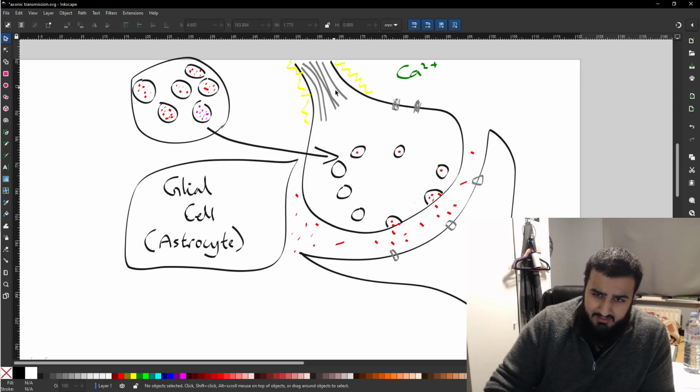Now we look at some of the issues here, especially in the microtubules. So these are important, once again, not for transmitting action potentials, but for the transmission of transport vesicles down to the presynaptic membrane.